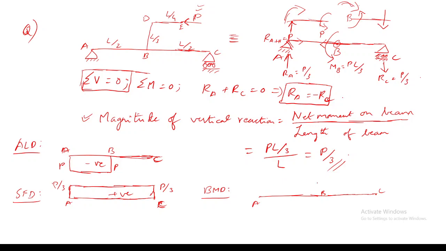Since it is a hinged support, and also at point C it will be 0. Due to this value of Ra, I will get a bending moment value at point B. What will be the bending moment due to Ra at point B? PL by 6, and it will be positive.